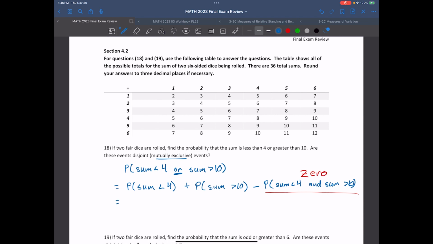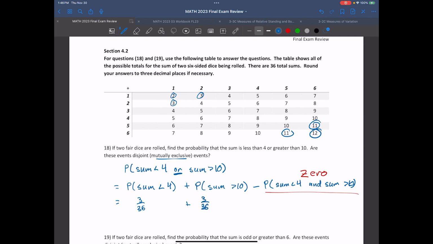So let's look at the first two. So the probability of the sum is less than 4, well, you could just count 1, 2, 3. There are 3 different ways to get a sum less than 4. So that's going to be 3 out of 36 plus greater than 10 is 1, 2, 3. That's 3 out of 36.